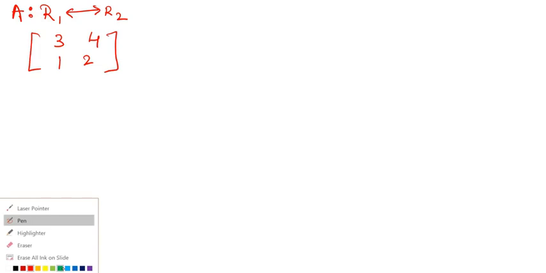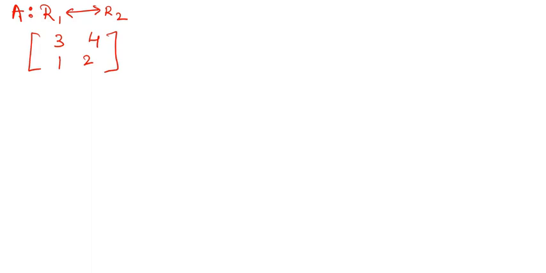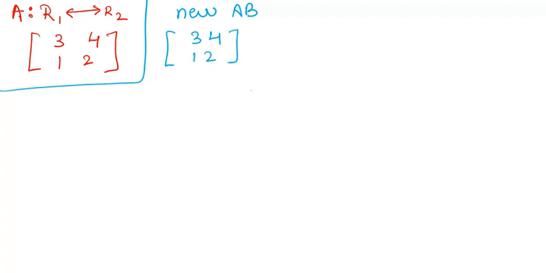And this changes our product AB to 3, 4, 1, 2 times 6, 7, 8, 9 instead of 1, 2, 3, 4 into 6, 7, 8, 9.